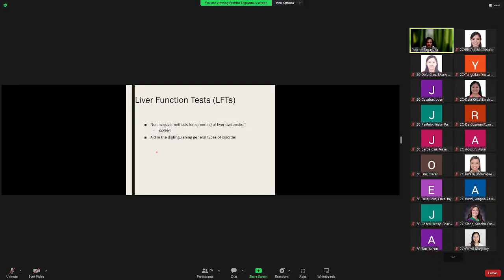Another is to aid in distinguishing the general types of disorder, or aid in the diagnosis of liver disease. Another is in the assessment of severity and in predicting the outcome of a disease, or what we call prognostication. And we also use liver function tests in the monitoring of our treatment.